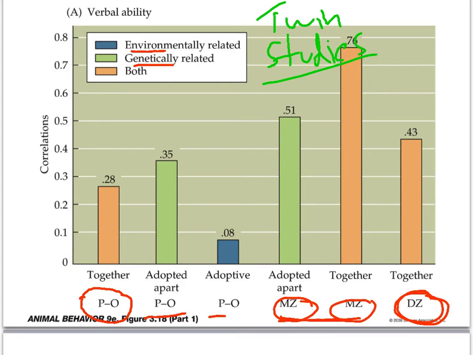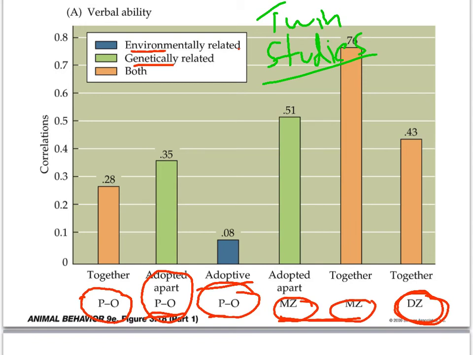But if we compare the child that was adopted to the parent that it no longer lives with, that's this adopted apart category. Those guys are genetically related, but not environmentally related, because you're not living in the home with that parent. And then here we have adoptive parent-offspring pairs that are not genetically related, just comparing the parent to their adopted child. So that's just environmental relationship.